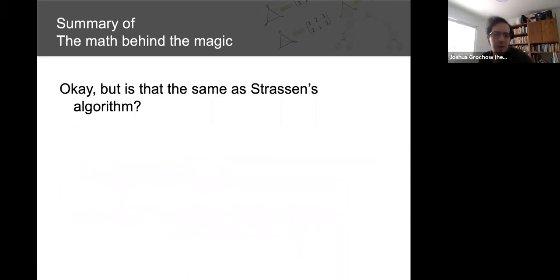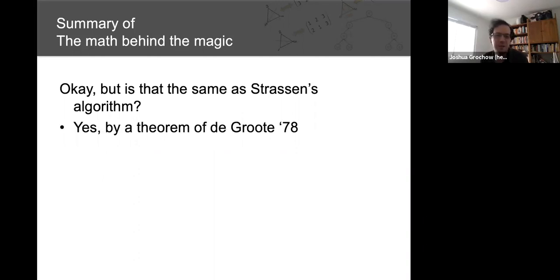Now you might ask, is that really the same as Strassen's algorithm? I just showed you this thing where we take an orbit of a group and you look at this equation and it gives you what you want. And at the beginning, I showed you the 7 multiplications from Strassen's algorithm. It turns out that the answer is yes. There's a theorem of de Groote from '78 that says any 2 ways of multiplying 2 by 2 matrices with 7 products are equivalent up to a change of basis.